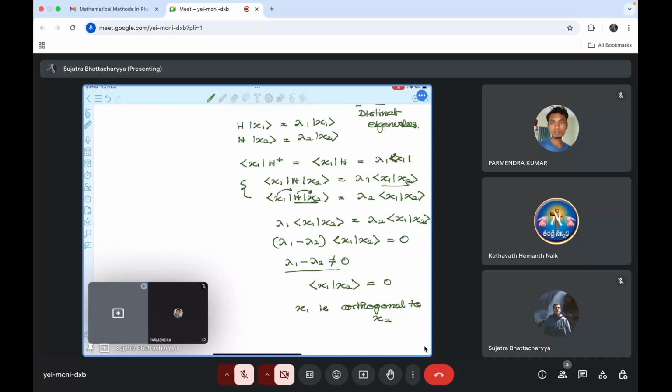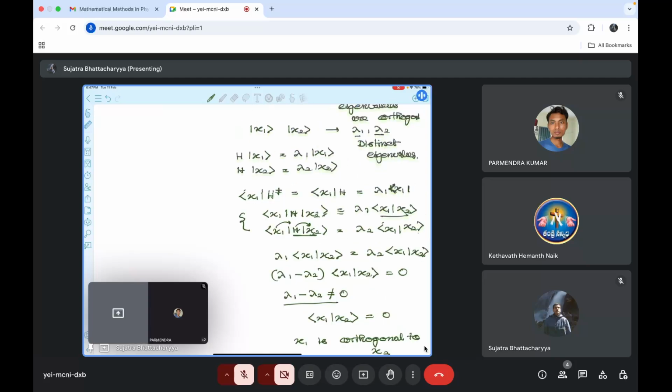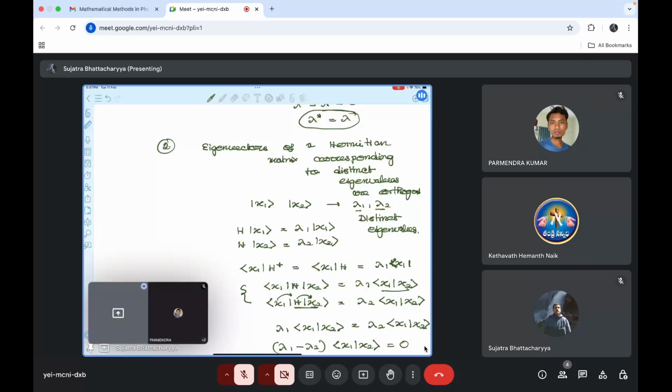Both are the same, and finally give you different results. From there, we compare and try to see what we can finally come out with. Okay, so this is another property. So remember that eigenvectors of this Hermitian matrix, if they have two distinct eigenvalues, will be orthogonal to each other.